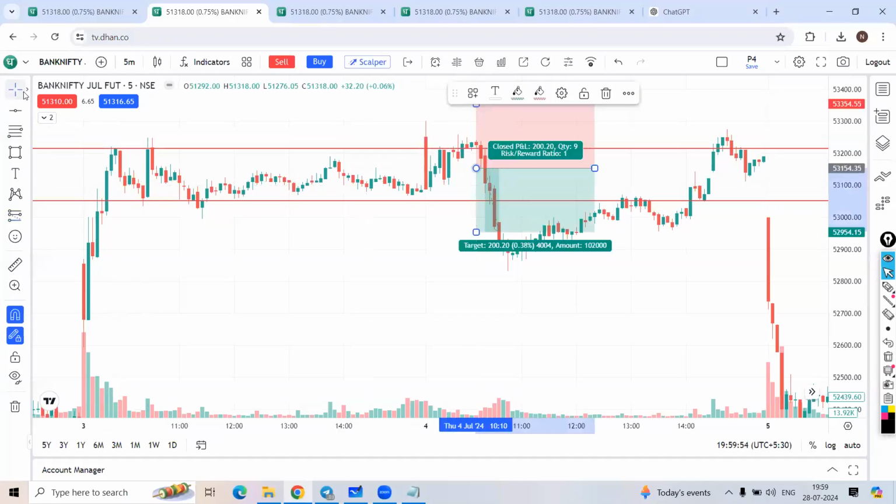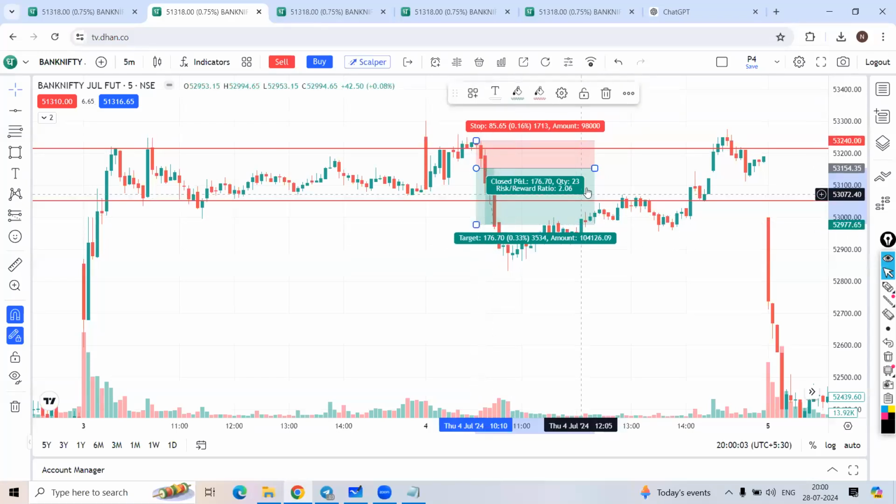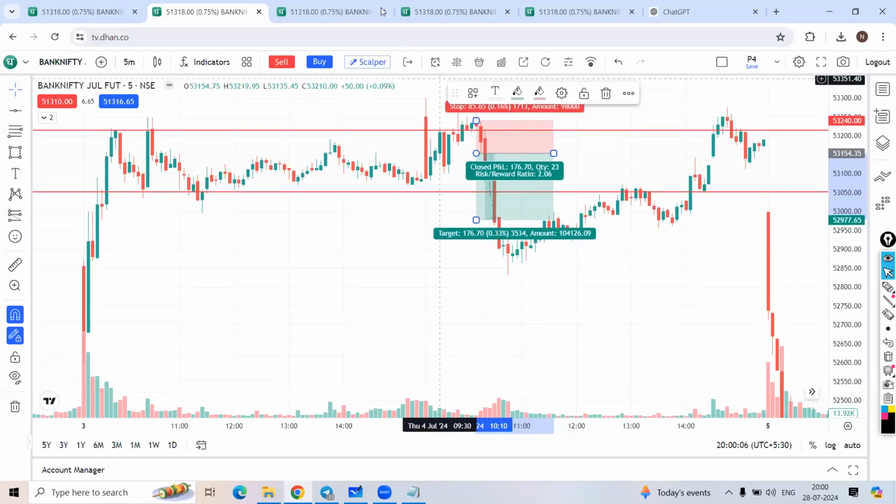So this becomes my opportunity of entry. What approach am I following here? Continuous approach or reversal approach? Reversal. What is my target?